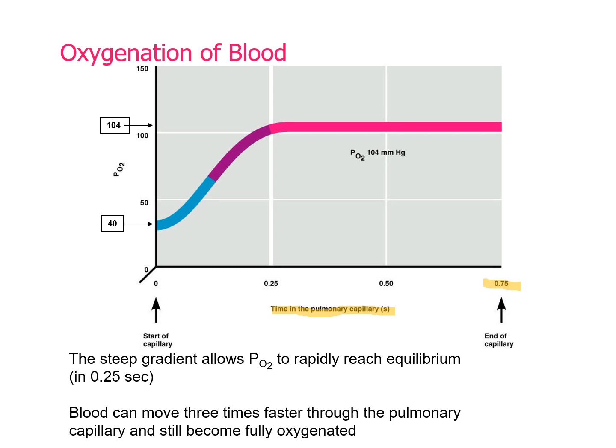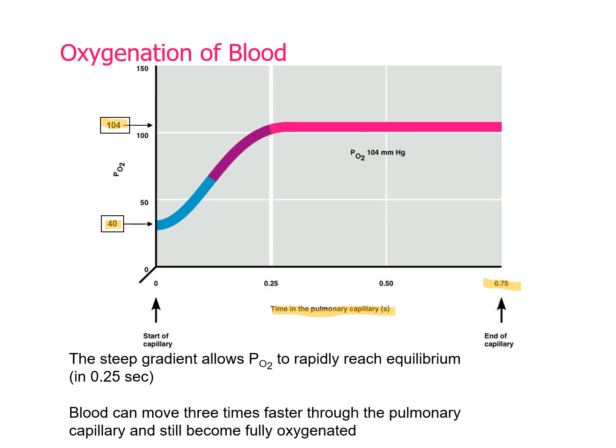The blood arrives with a PO2 typically of 40 because it's venous blood and it released oxygen in the tissues, and now it's coming back to the lungs, and it gets saturated up to a PO2 of 104 because the alveolar PO2 is 104 and oxygen is diffusing across and getting taken up by the hemoglobin.